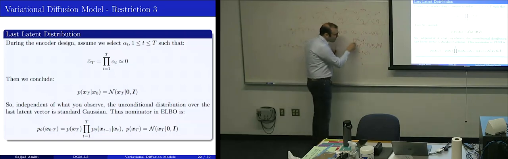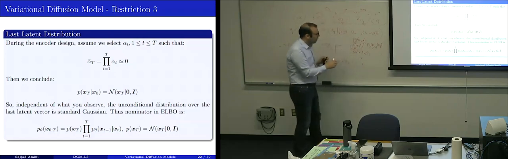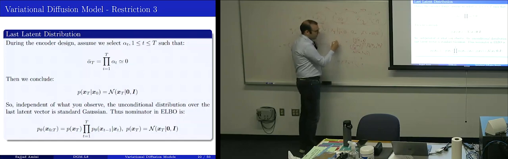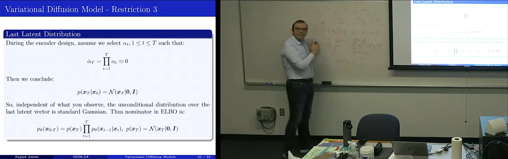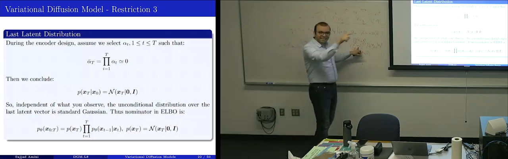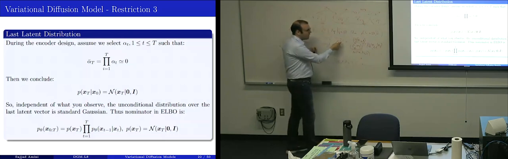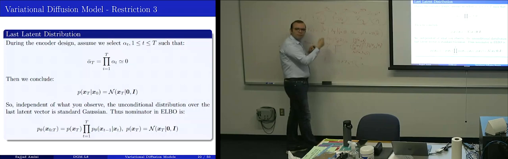What we had previously here was p theta of xT. It means that even the distribution over xT was parameterized by theta. Do you remember what we have in the VAE for this term? We have p theta of z, and then we think of p of z. This is exactly the last latent space. At the start of the VAE, we talked about a parametric prior distribution, and then we said that generally we do not have parameters for the priors.